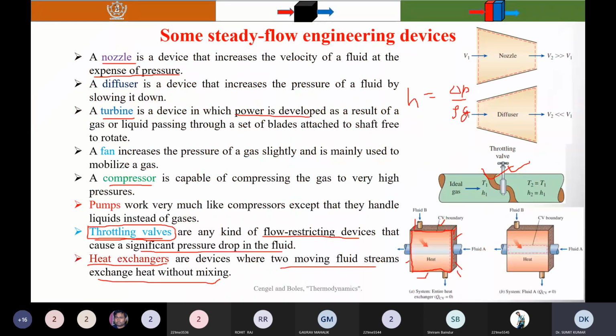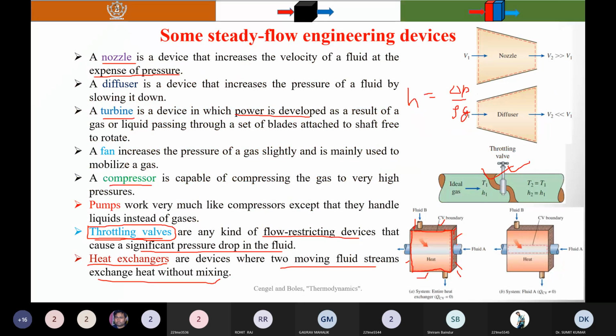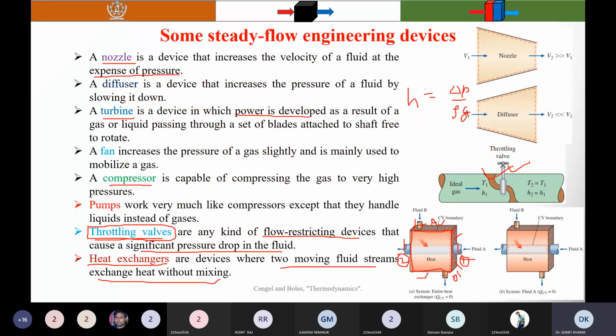So when you write, you can consider this one as 1 and this one as 2, and here you can consider this as A and this one as B. So you can write mA into h1 plus mB into the enthalpy at inlet hA. Or you can consider other numbers, 3 or 4. So there is no confusion, because A and B are the fluids, no?